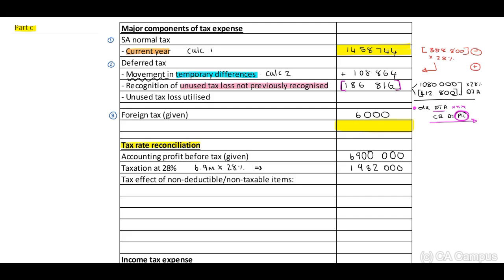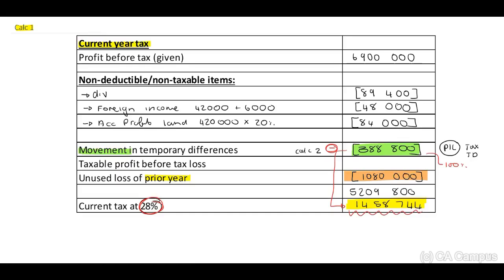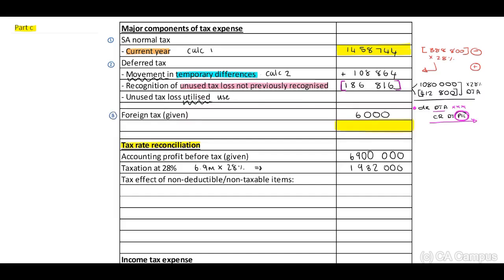Next line item. Unused tax loss utilized, which we now use in 2020. If you refer to our current tax, this will be the 1,080,000. Therefore, we now use that amount. And this will be the 1,080,000 times 28%. And this is 302,400.